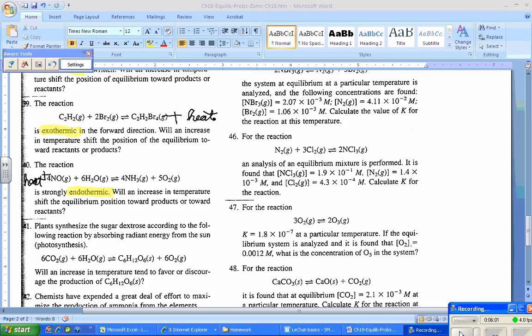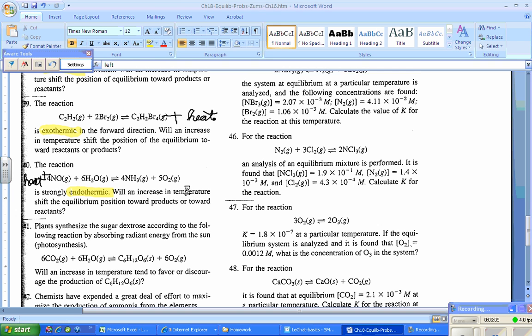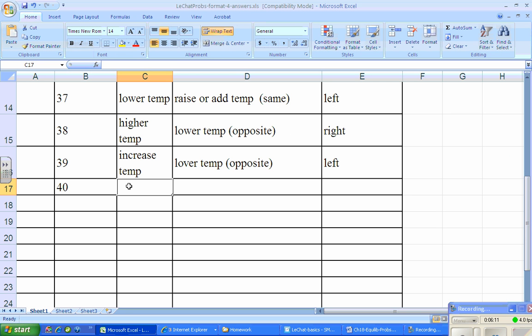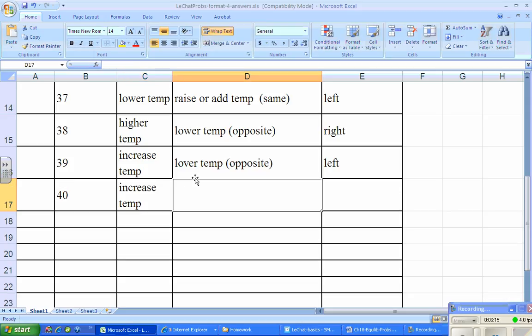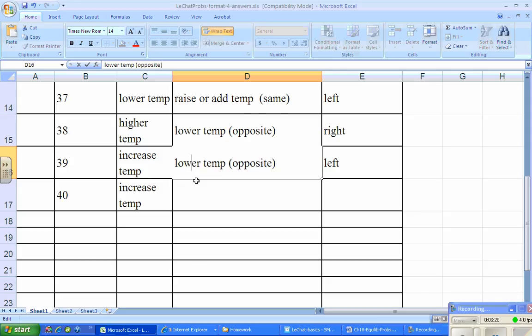Okay, I've written on here that heat is on the left because it's endothermic, and, well, an increase in temperature. Okay, let's go back and figure what an increase in temperature does. Oh, we already found that out, didn't we? Increase in temperature. And this guy up here, we should change that, and we're going to make that lower instead of lover.